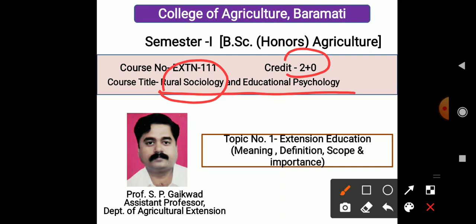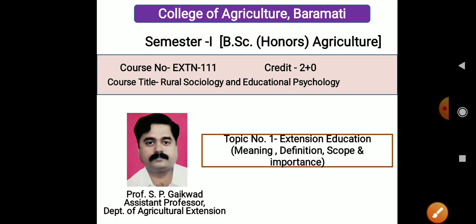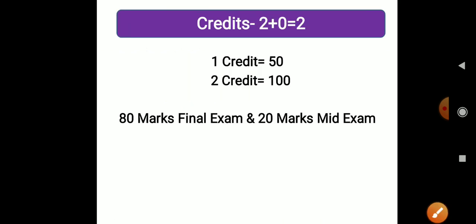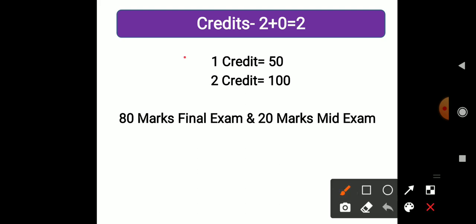That means a 100 mark examination is there for this course. Today we are going to make a beginning of this course in this lecture. The credit offered to this course is 2 plus 0, so 1 credit is equal to 50 marks, 2 credits is equal to 100 marks.